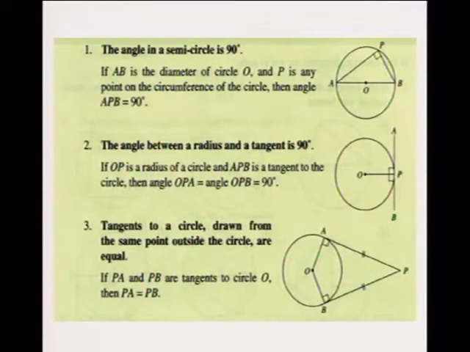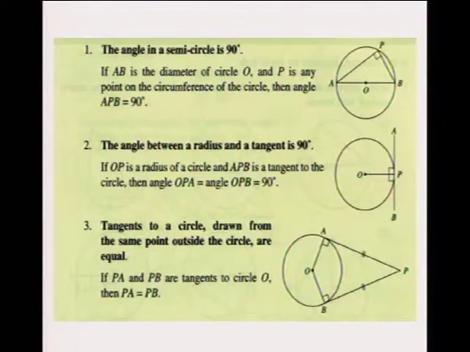Then, in circles, the first one, the angle in a semicircle is 90 degrees. So, if you have AB going through the center of the circle, the angle on the side of the circle will be, in this case, P, and it will be 90 degrees. So, angle APB will be 90.